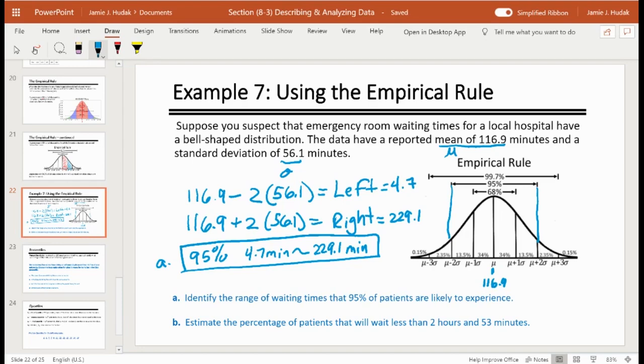Part B says estimate the percentage of patients that will wait less than 2 hours and 53 minutes.